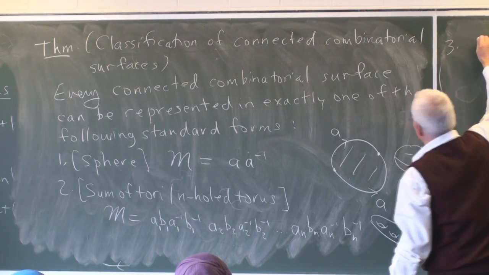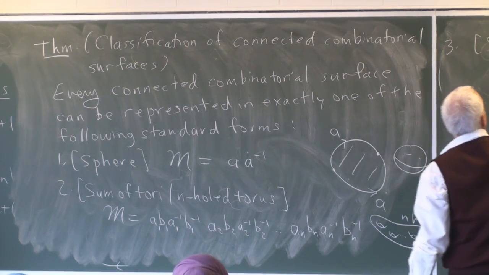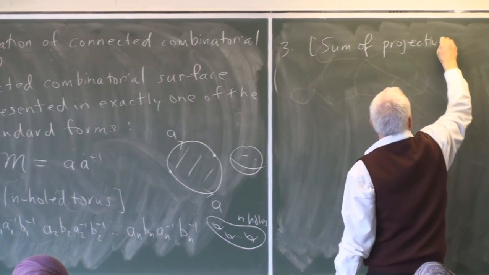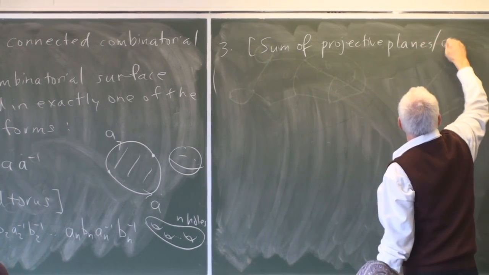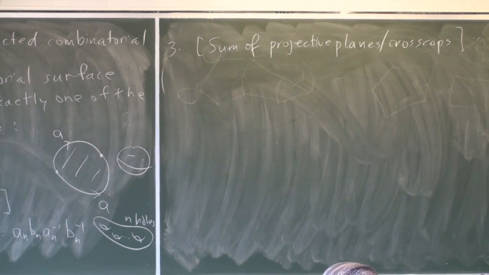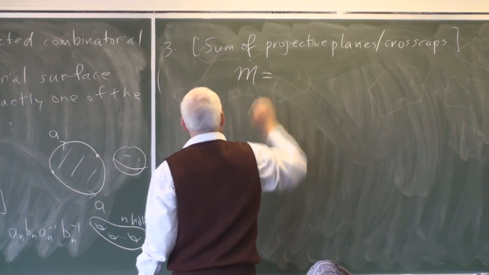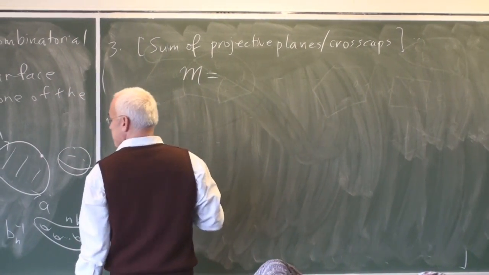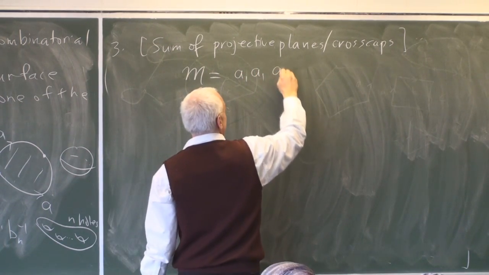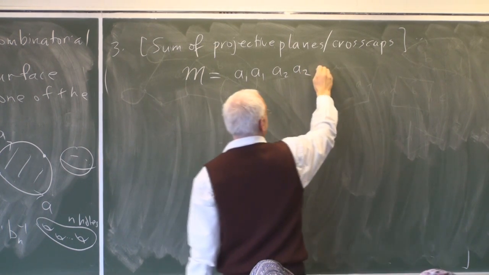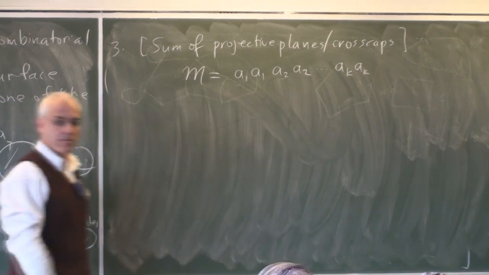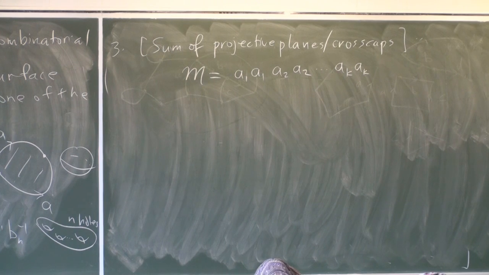Or the third possibility is a sum of projective planes, or cross caps. And that's the case when we can write M as, let's say, A1, A1, A2, A2, up to Ak, Ak.